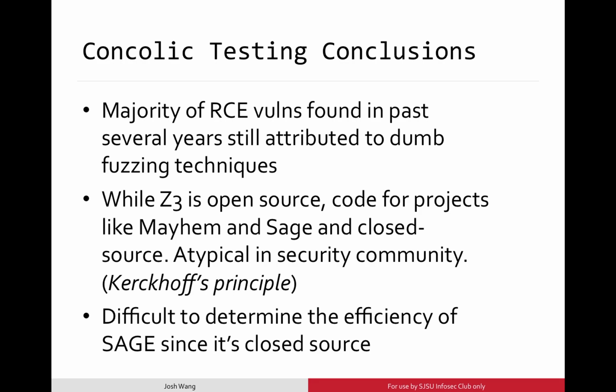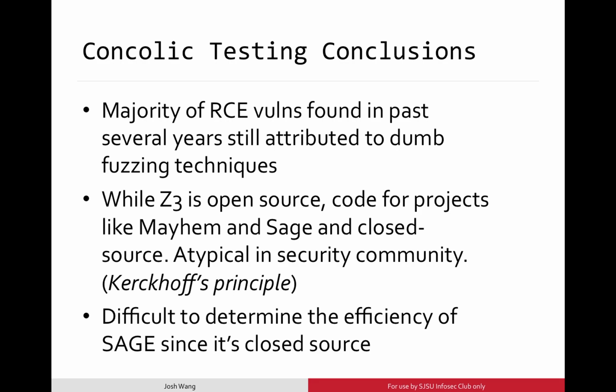Basically, the idea is the more eyes you have on an encryption algorithm or a program that's supposed to be secure, the better chances there are of uncovering bugs and fixing those bugs, right? If you have more people looking at it.